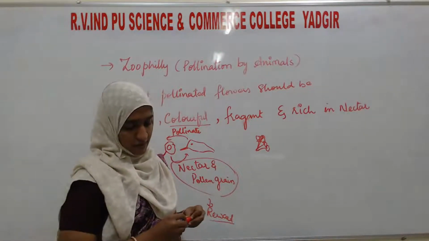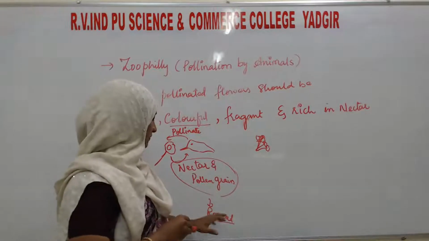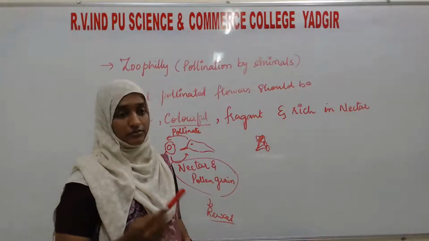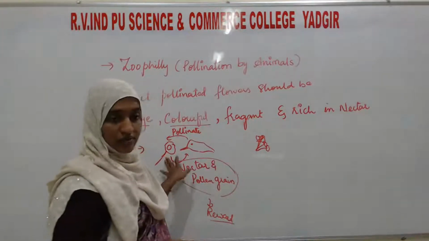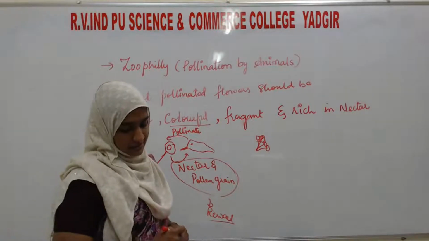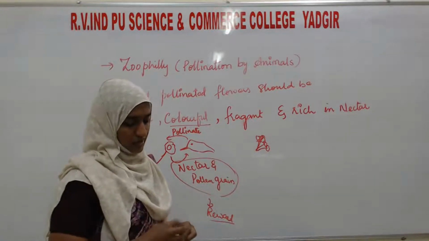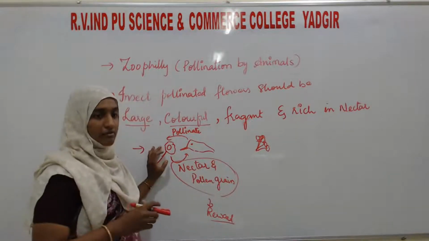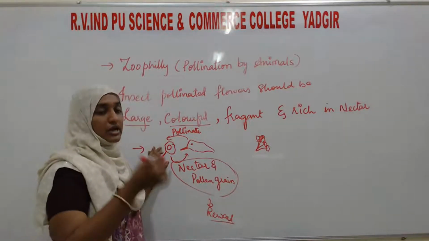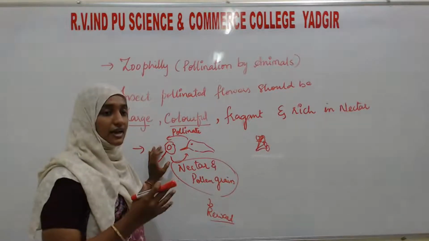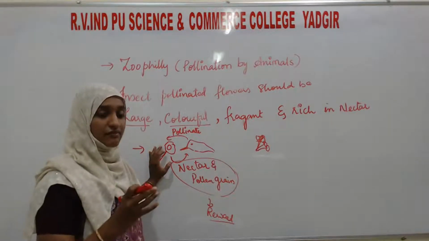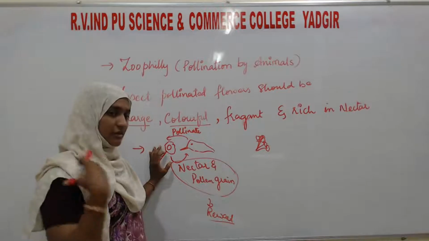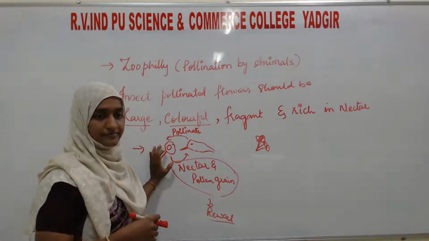So this reward, usually we can say floral reward, because it is coming from the flower to whom? To the animals. When an animal visits the flower, at that time they collect the nectar. At that time, if it is a male flower, all the pollen grains are going to stick on their body.